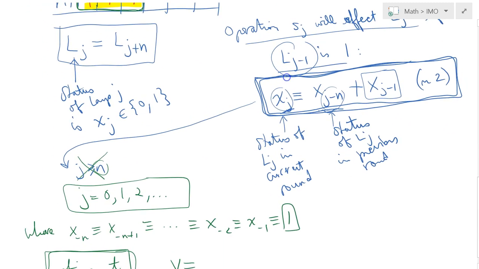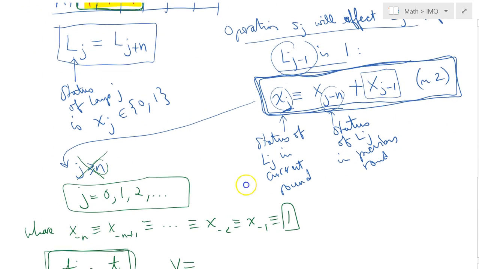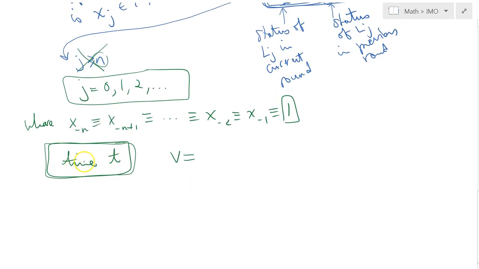But anyhow, at the beginning of time t, our status vector will be the following. So the first lamp, well, it depends on what lamp we are operating, right?